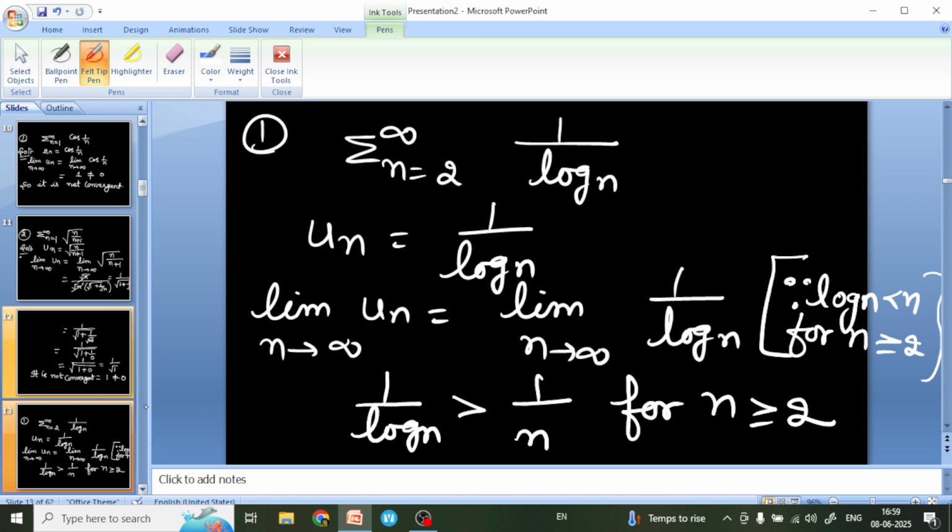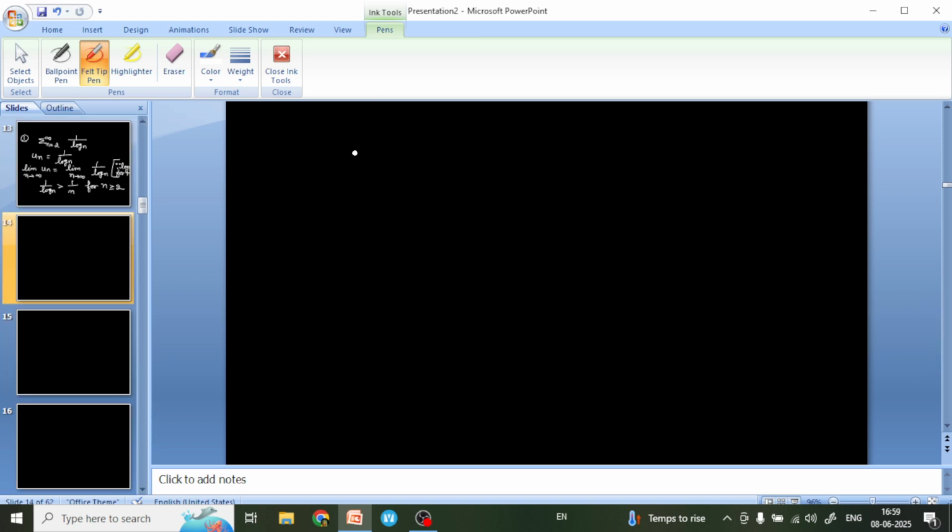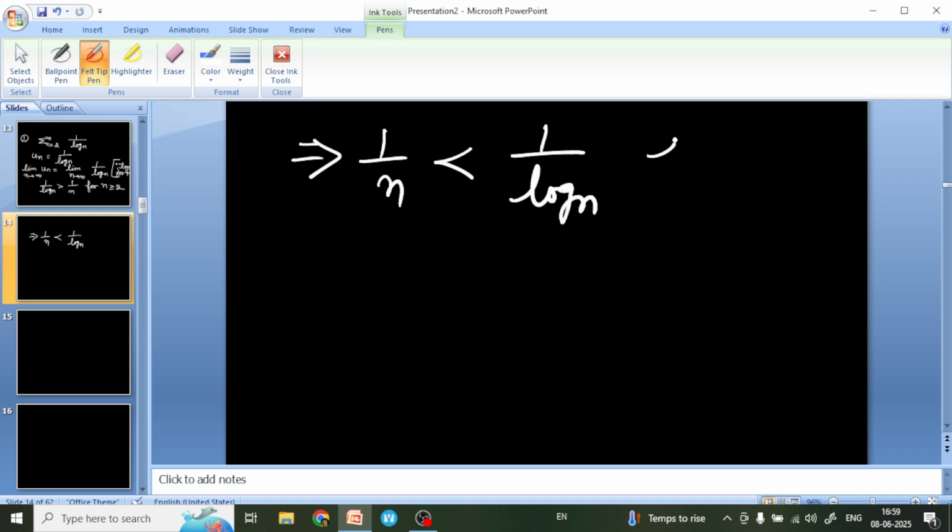So on the other hand, we can say that 1 by n is less than 1 by log n for n greater than or equal to 2.